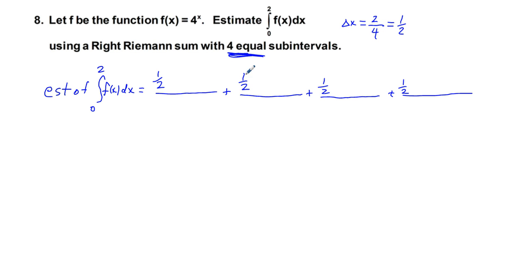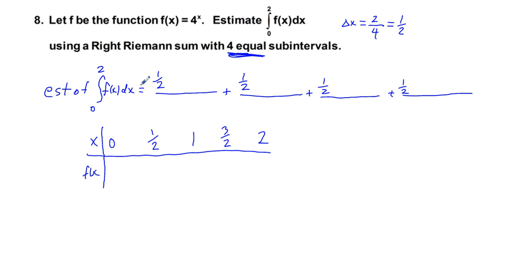Okay, now we need to find the height of each of these 4 rectangles, and to do that, we can create a little table down below where I'm going to put x and f of x. We're going to have x equals 0. These are delta x, 1/2 apart, so we want 1/2, 1, then 1.5, or 3/2, and 2.